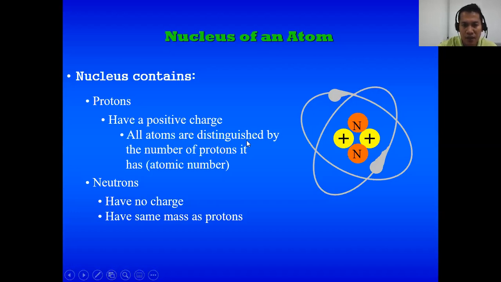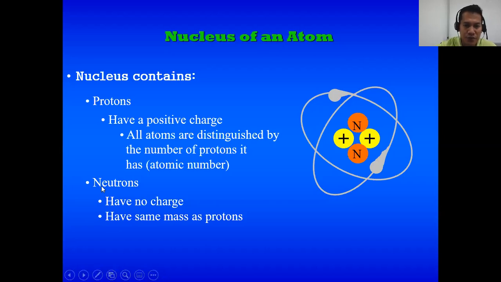All atoms are distinguished by the number of protons they have, and that determines the atomic number. So if it has two protons, most likely this is helium. If it is one proton, that's hydrogen. Okay, that gives you a little bit of an idea about chemistry.